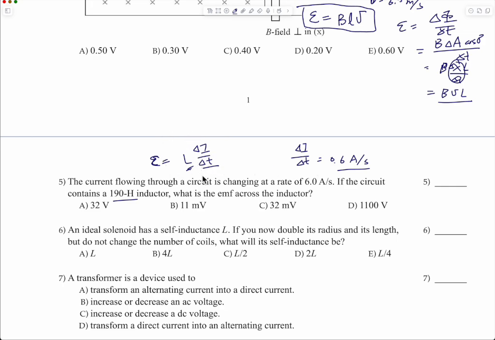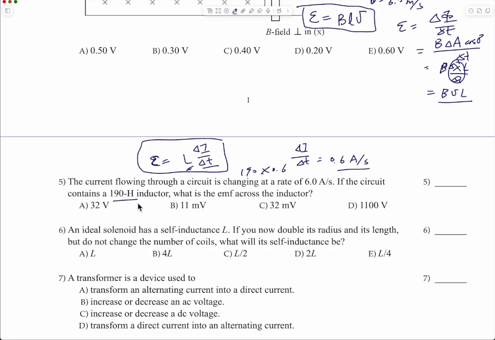Put them together, and 190 times 0.6 is your induced EMF across the inductor.